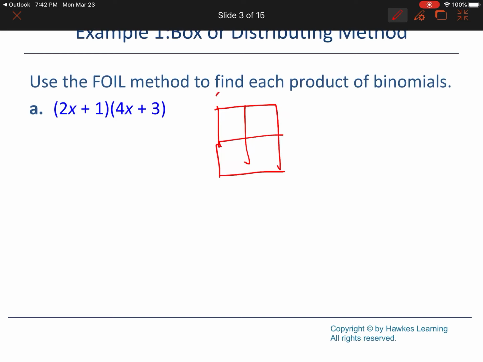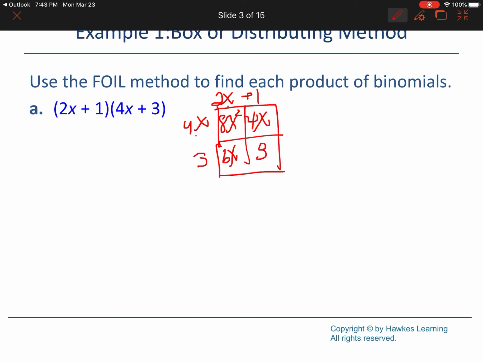All right, so you probably remember, you multiply the two sides, the 2x and the 4x, we'll put that here as 8x squared. The 4x times 1 will be 4x. The 2x times 3 will be 6x. And the 3 times 1 will be 3.